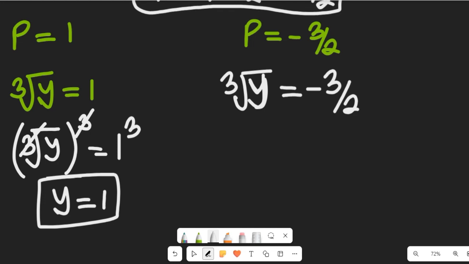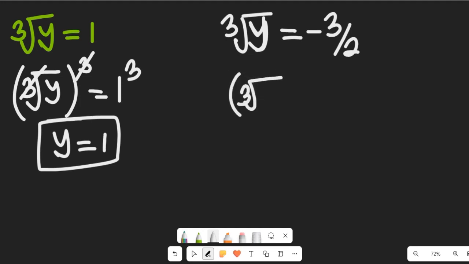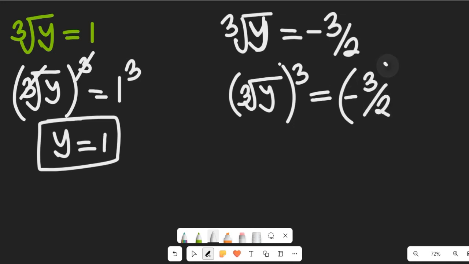Now, if we simplify this by taking the cube of both sides, the cube root of y's cube is equal to the cube of 2 divided by 3.